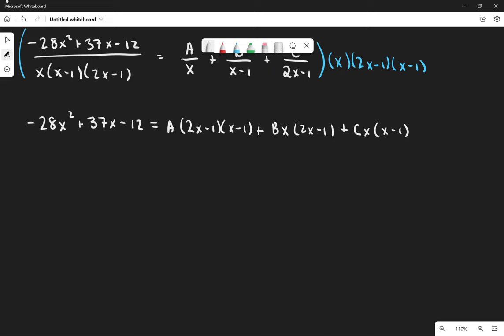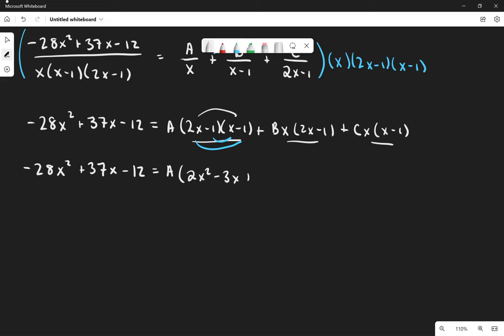So I'm just going to expand out all of these parentheses, and at some points I'm going to be doing 1 or 2 steps, maybe 2 or 3 steps at once. So I've got a outside, here's 2x squared. My outer and inner are negative 2x and negative x. That's negative 3x plus 1, plus b, 2x squared minus x, plus c, x squared minus x.